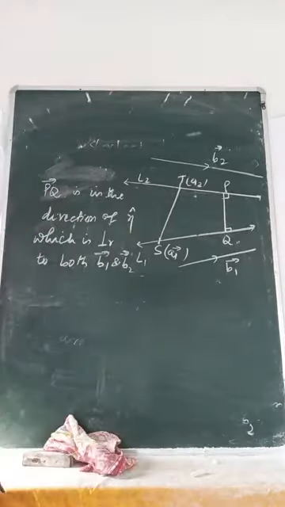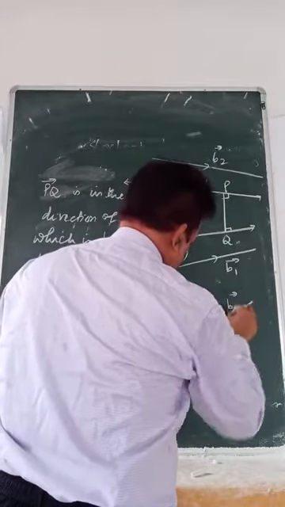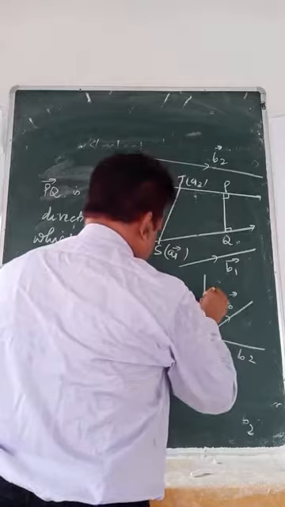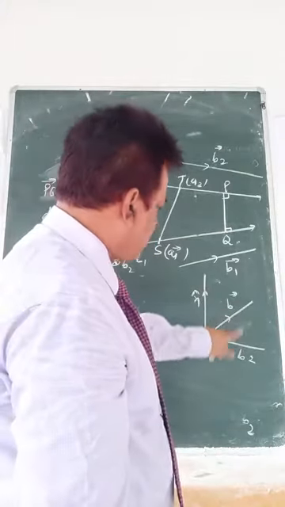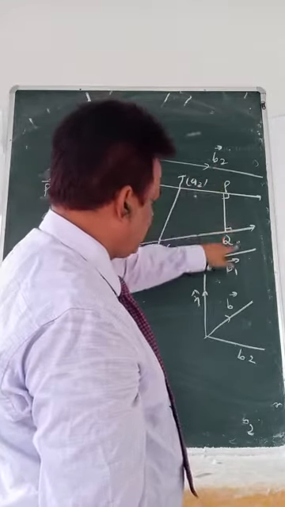Look, I told you earlier, if suppose this is B1, this is B2, then this is the unit vector which is perpendicular to the plane containing B1 and B2. So N will be a vector which is perpendicular to both B1 and B2.